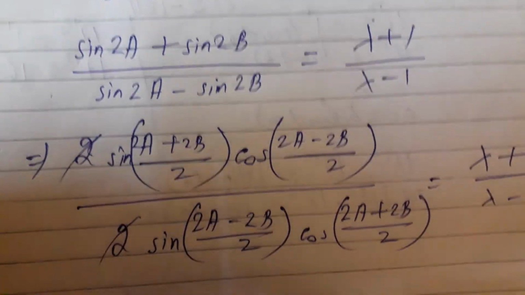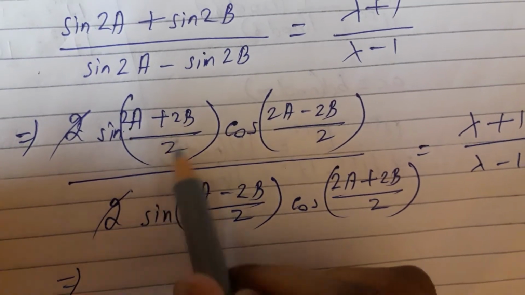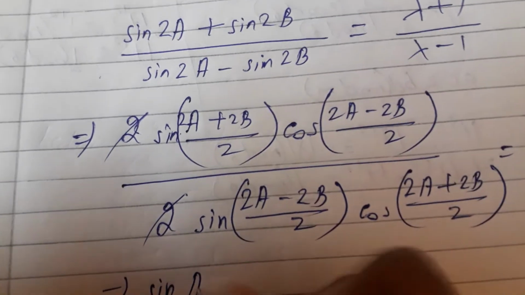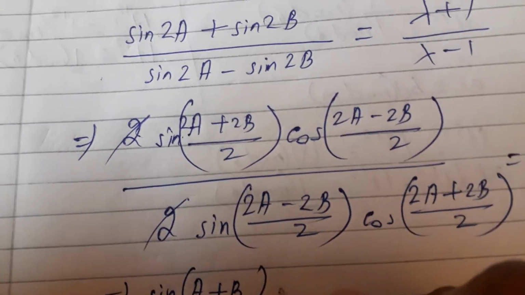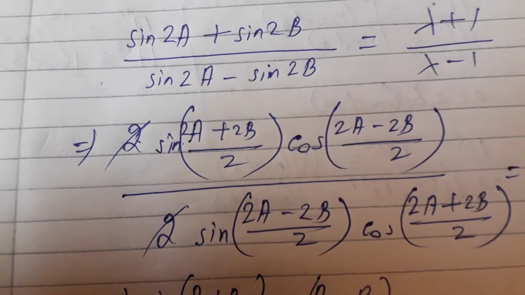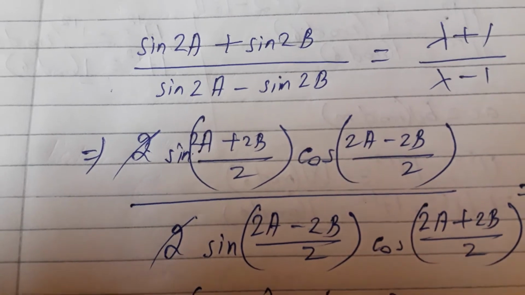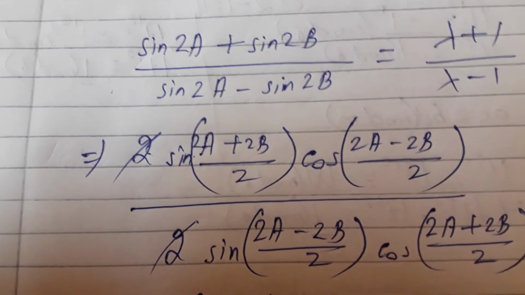Now see, 2 will be cancelled out, and inside the brackets also the 2 will be cancelled out, and you will get sin (A plus B) into cos (A minus B) by sin (A minus B) into cos (A plus B).